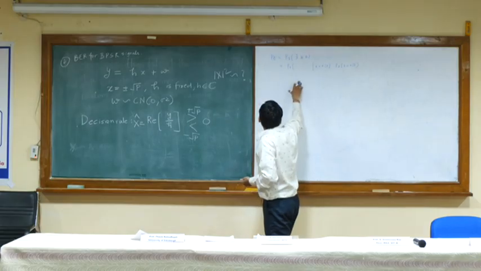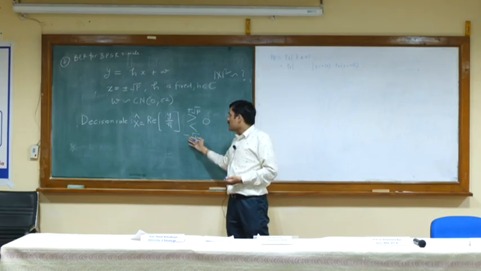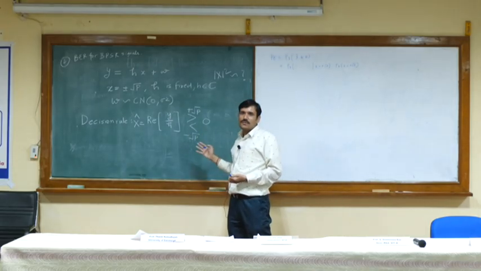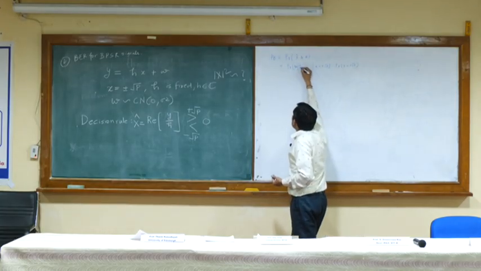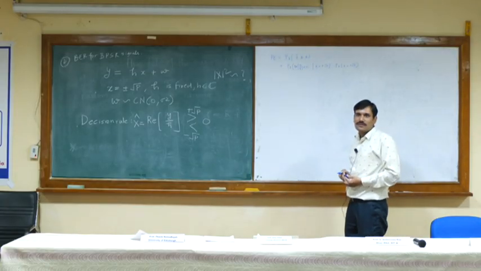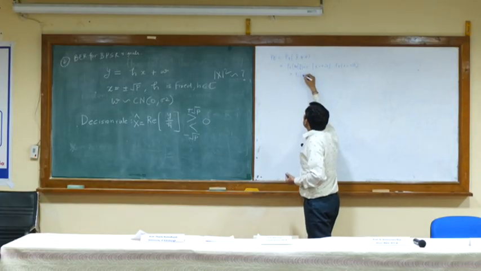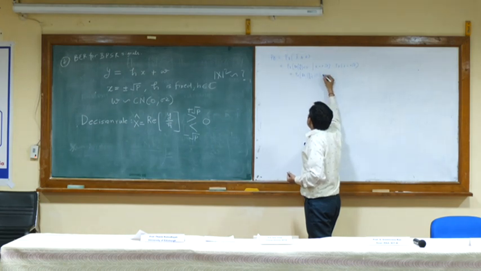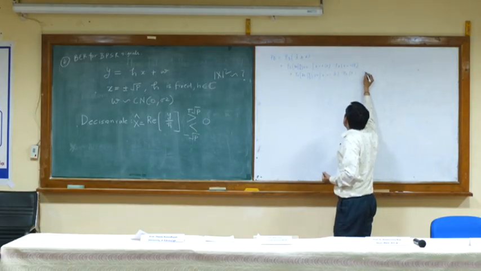If I am transmitting plus square root of p, my error will occur when this quantity is less than 0. So I will write here real of y divided by h is less than 0. This part is okay? Similarly, plus I can write here probability real of y divided by h greater than 0, if I transmit minus square root of p, into probability x equals minus square root of p.